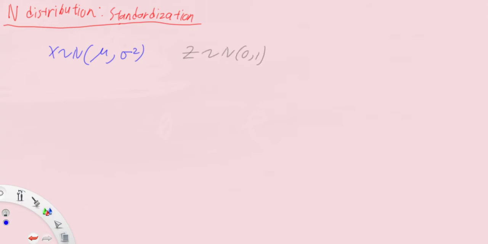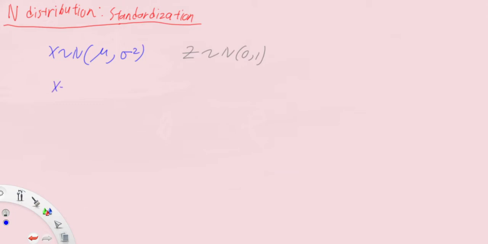Essentially we need to change the mean mu to 0 and the variance sigma squared to 1. So we just apply the basic ideas. You could settle the variance or the mean first, but it's easier to settle the mean first. It's just like translation and scaling in graph transformation.